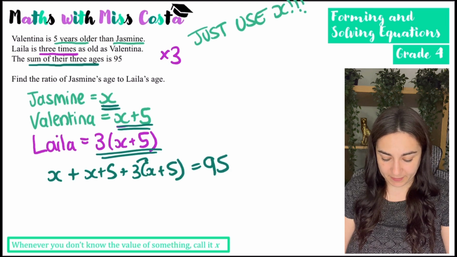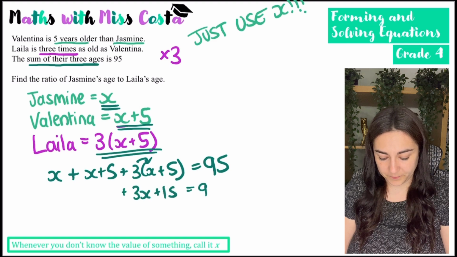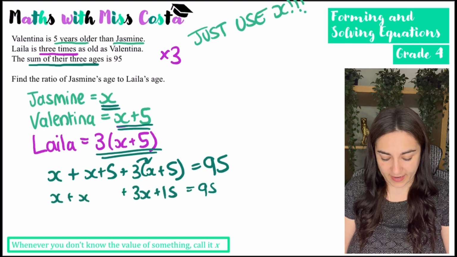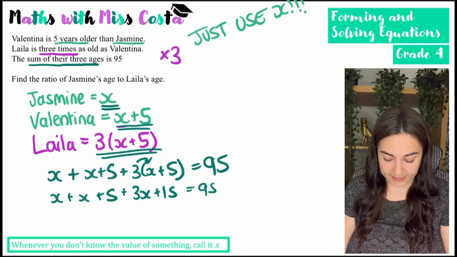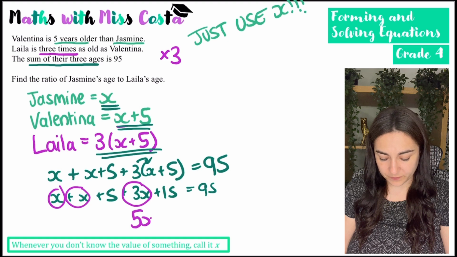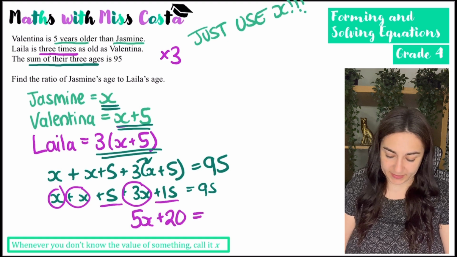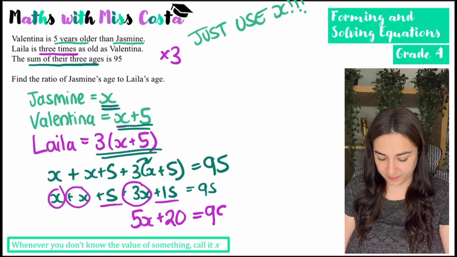Now I could just expand this quickly, so that would be 3x plus 15. And then I could simplify. So let's bring all the letters together. x plus 3x plus x is 5x, and 15 plus 5 is 20. So 5x plus 20 is 95.